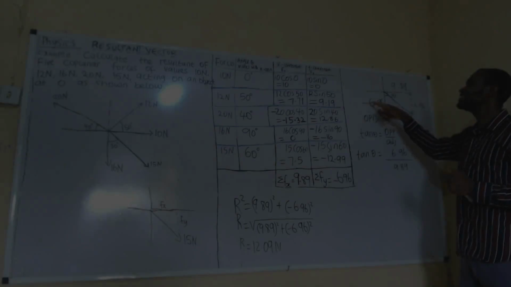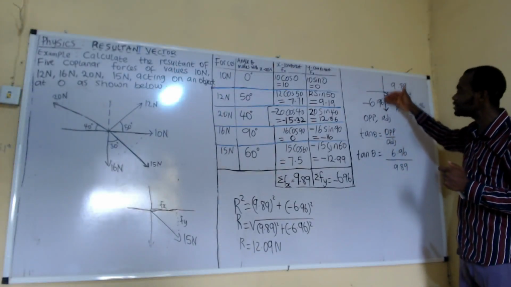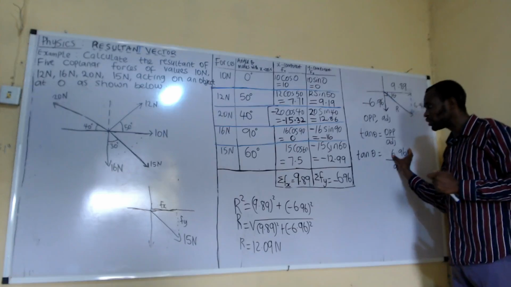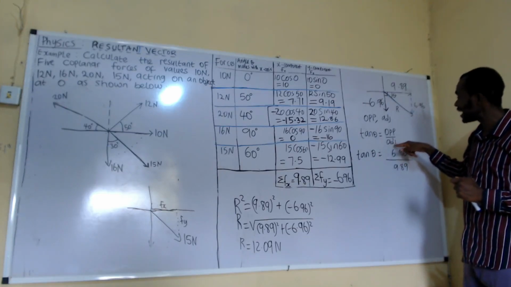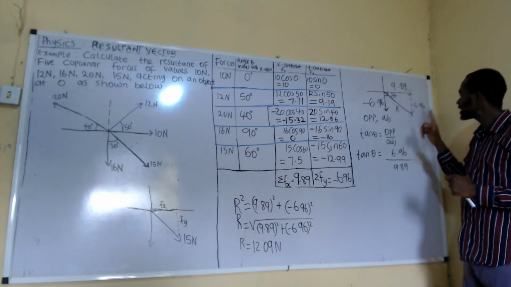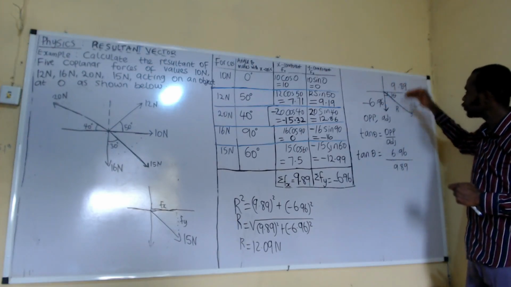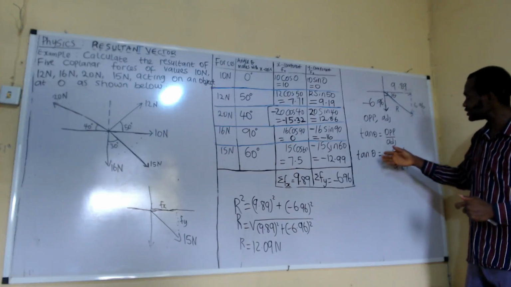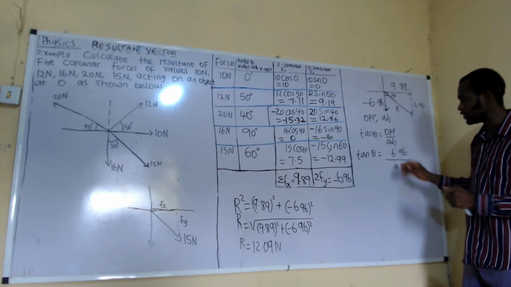So the negative sign is just to tell you the direction of this vector. But 6.96 is the value. So take 6.96, and the adjacent side is 9.89. Be careful about the negative sign. It just gives you the direction. When you are now on the journey to get your theta, just take in the values, only the values.